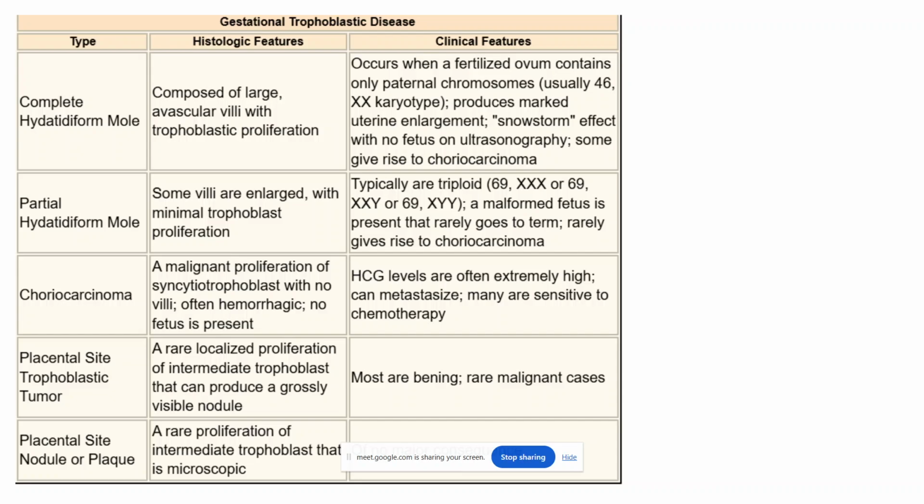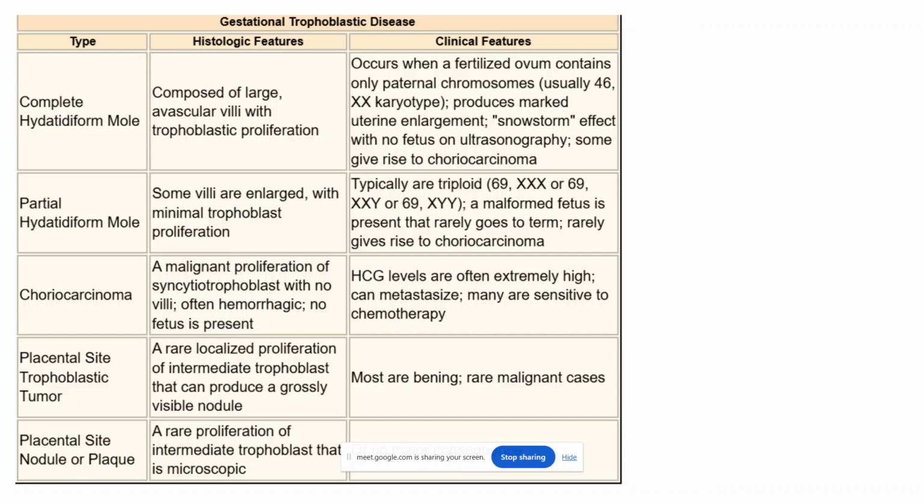Normally there will be haploid gametes which result in a diploid embryo. In partial hydatidiform mole, there could be a triploid set of three chromosomes, XXX or XXY or XYY. All these could be seen, and it may result in a malformed fetus. Some of the fetal structures could be seen on ultrasonography.